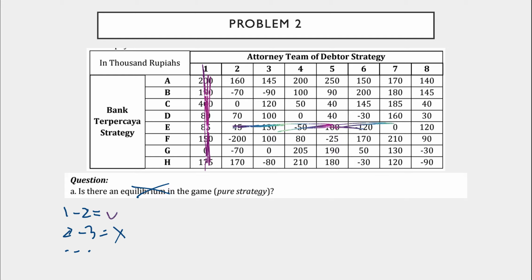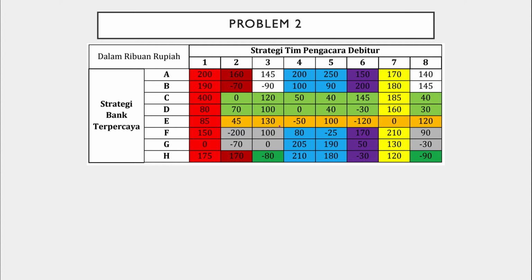After you finish comparing strategy A to H, you switch again to the perspective of the Attorney Team and compare strategies 2 and 3, 2 and 4, 2 and 5, and so on. But this time you don't have to worry about the cells that we have eliminated.